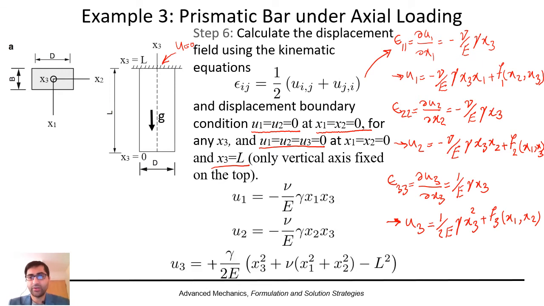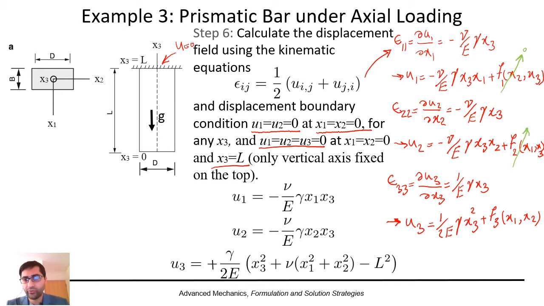Enforcing that, we end up with f1 equal to 0, because basically assuming x1 equal to 0 for any x3, u1 should be 0.